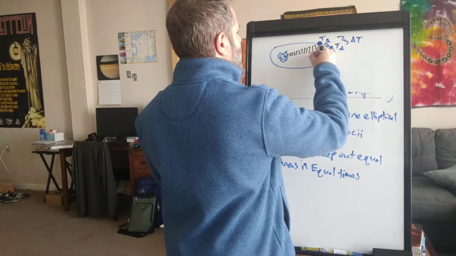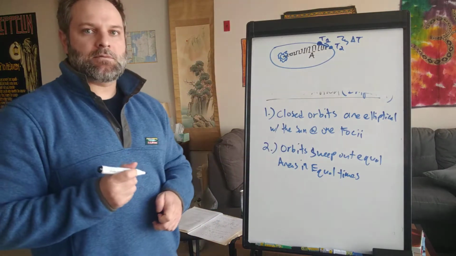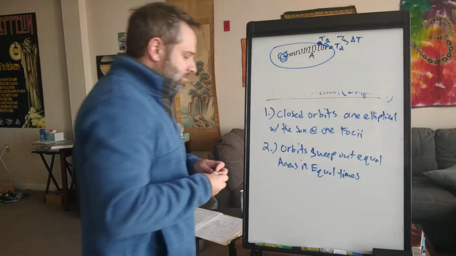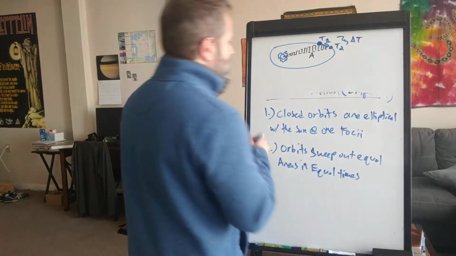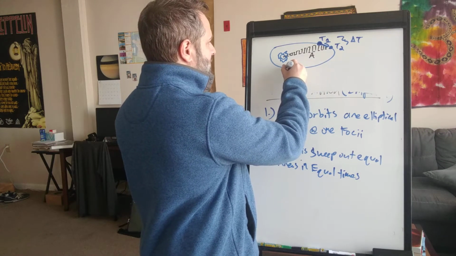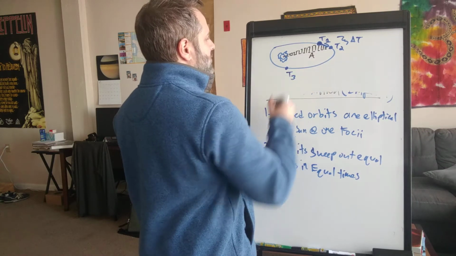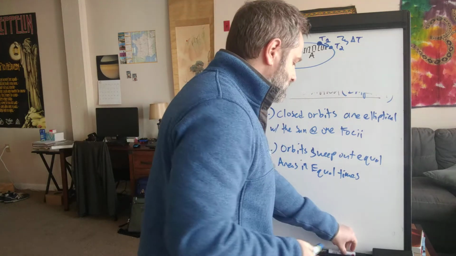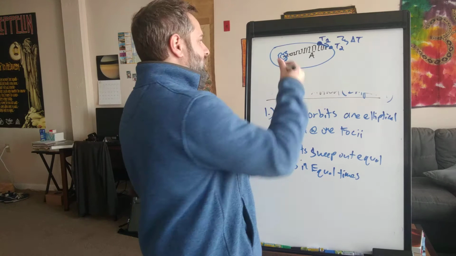So we'll call this area A. Now later, this planet has moved to another place on its orbit, say here, so we'll call this T3. Now there's still that imaginary line attached to it.